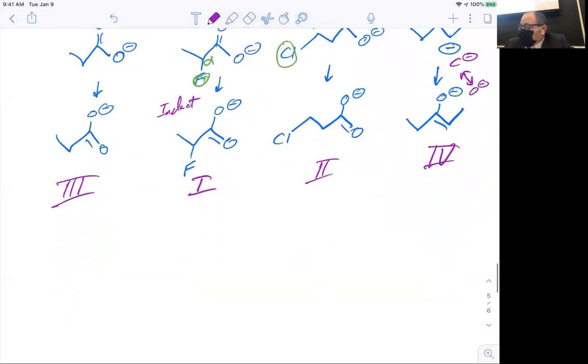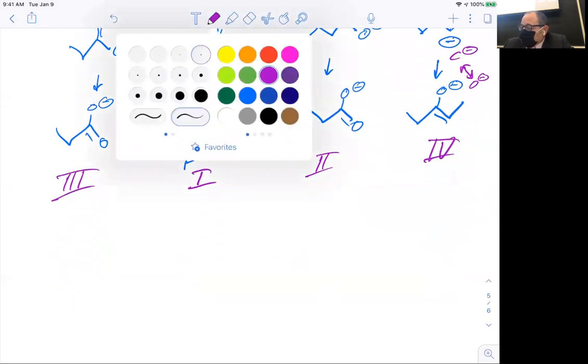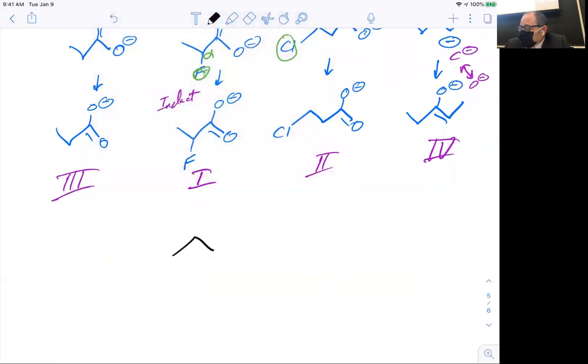Yeah, so even if I was looking at these 2, this one's going to be more acidic than that one.